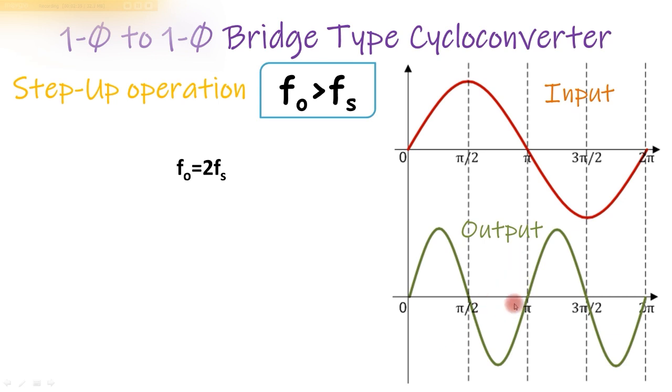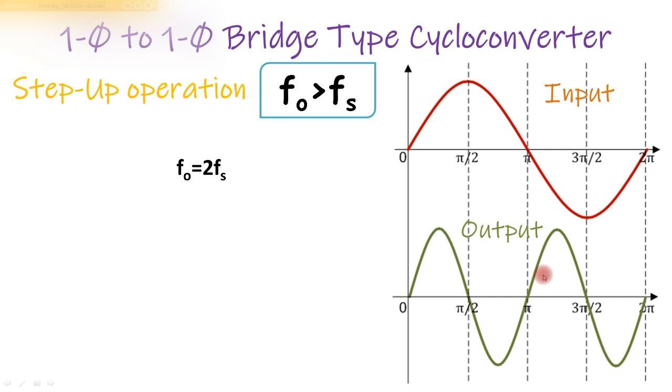Mind you, this will be just a representation of a type of output that is required from a step-up type of cycloconverter, but this is not the actual output of bridge type cycloconverter. So let us understand first how we have to proceed to the switching schematic of step-up operation in a single phase to single phase bridge type cycloconverter.